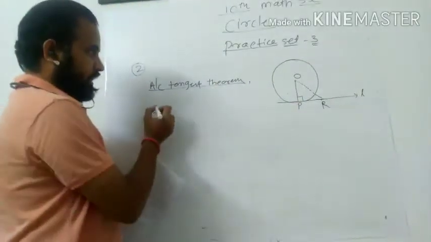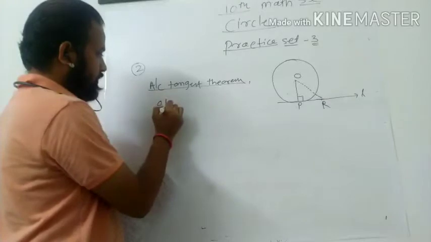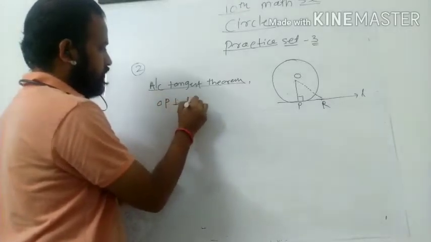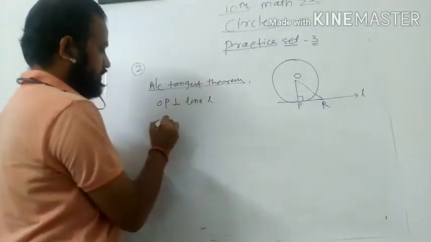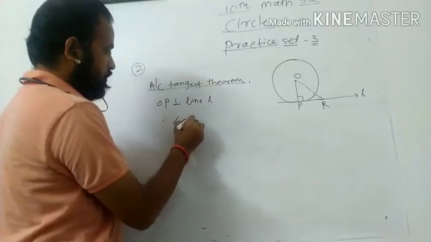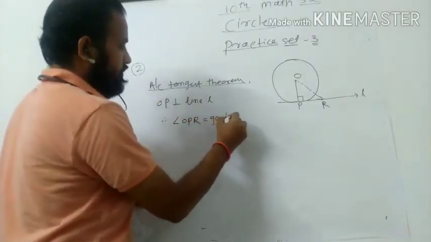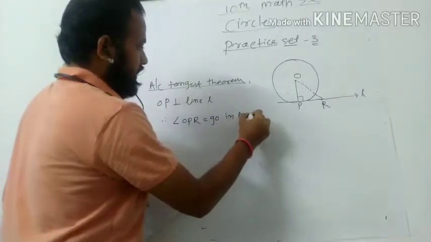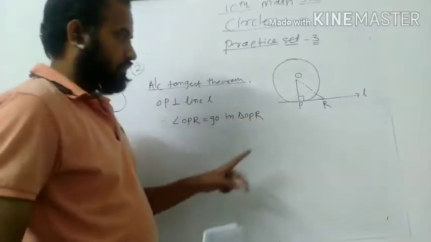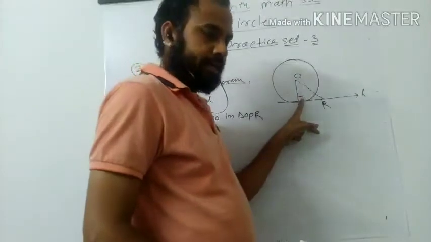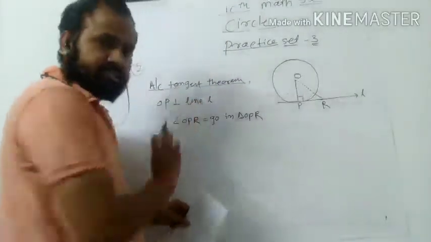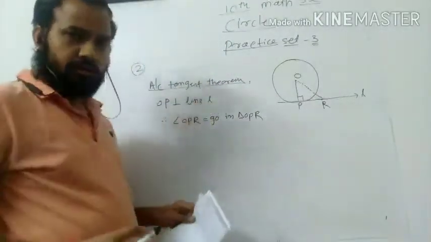So according to that, I can write that OP is perpendicular to line L, and therefore angle OPR is 90 degrees in triangle OPR, isn't it? Now if this angle P is 90 degrees because of the tangent theorem, I can use the Pythagoras theorem.